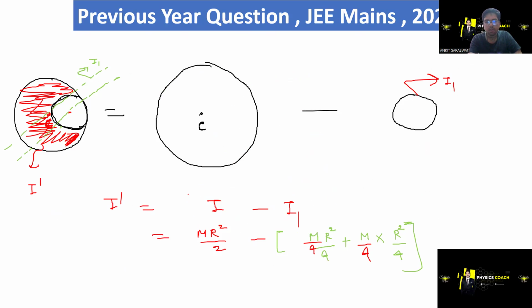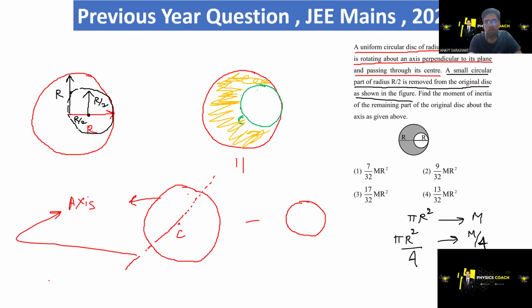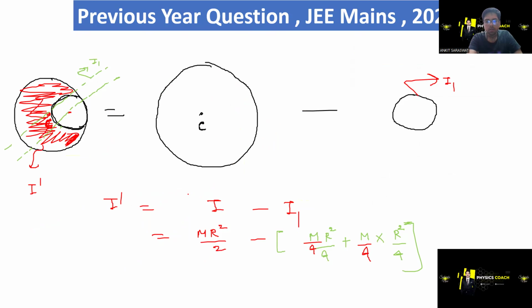Did I make any mistake? Check r by 2. Oh, okay. Actually, it is mr square by 2 about the center.